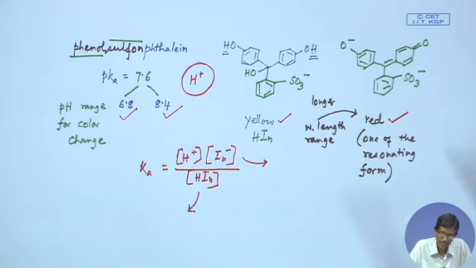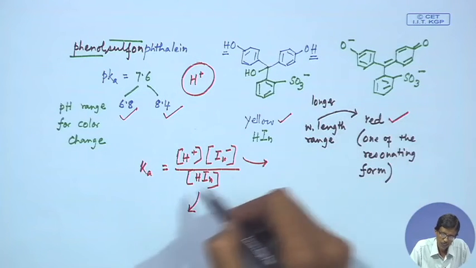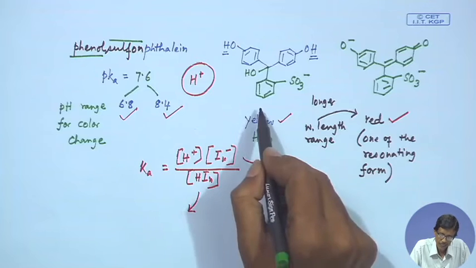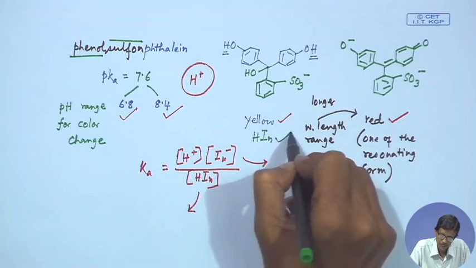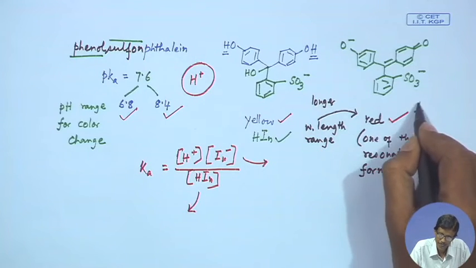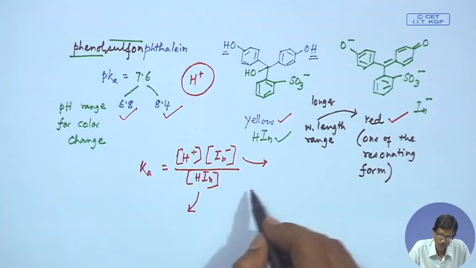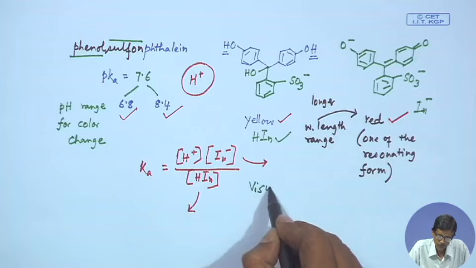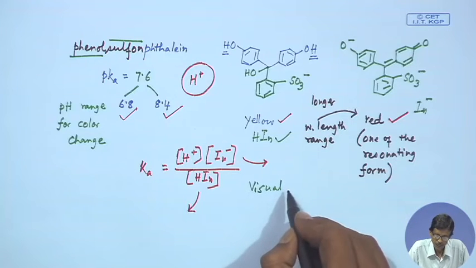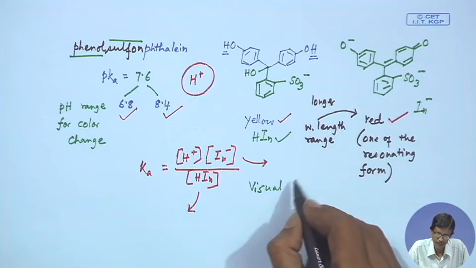So, this is your HIn, that is written over there, and this is your In. So, when we do the titration visually, you have the visual observation for the manual titration.